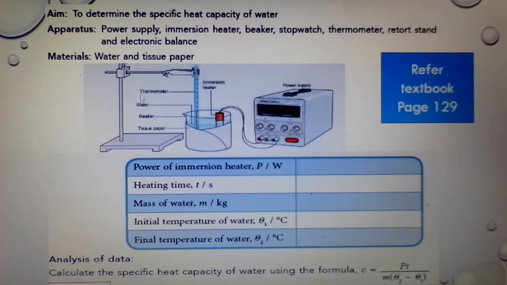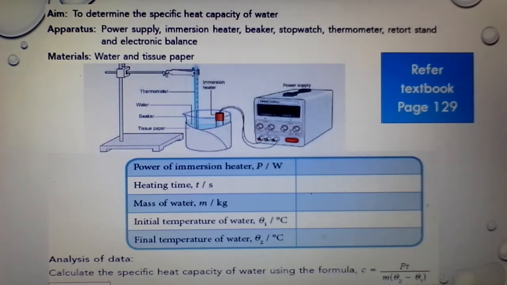So look at the arrangement here. So we have a beaker, you put some water inside and then put in immersion heater that connects to the power supply, and then a thermometer that hangs from a retort stand. Okay, so cover the beaker with a tissue paper in order to prevent heat loss to surrounding.